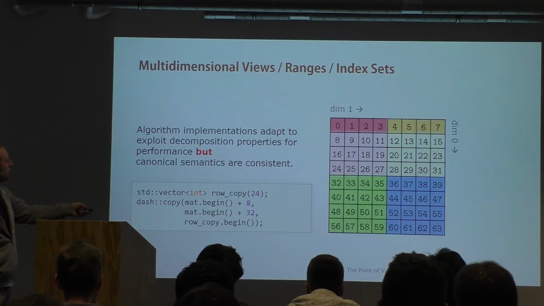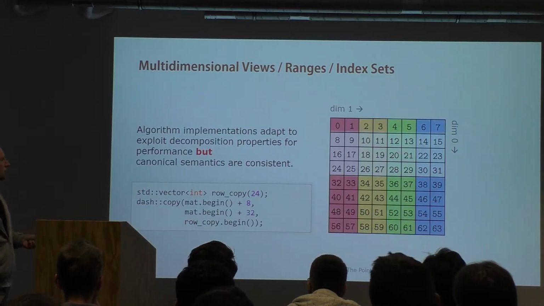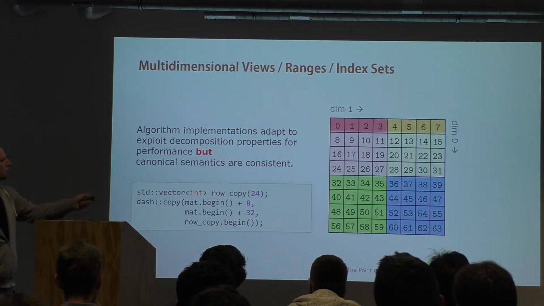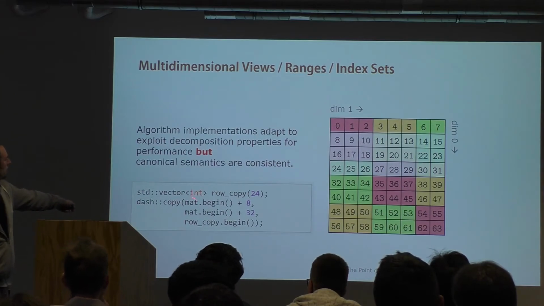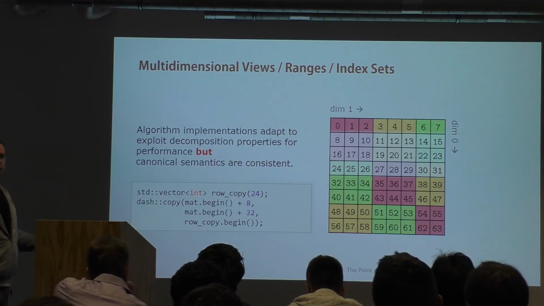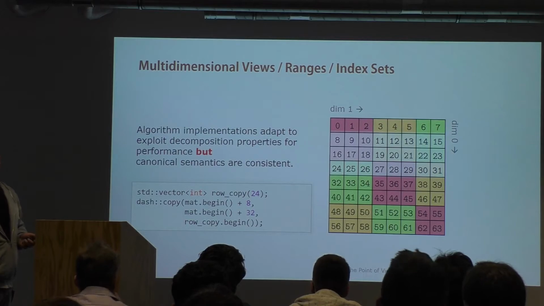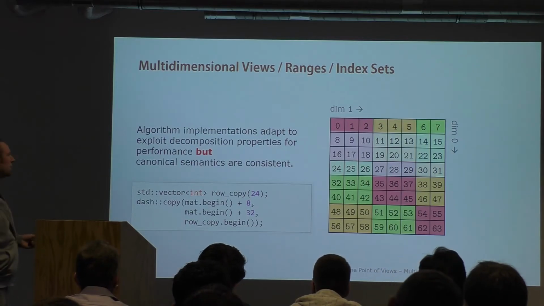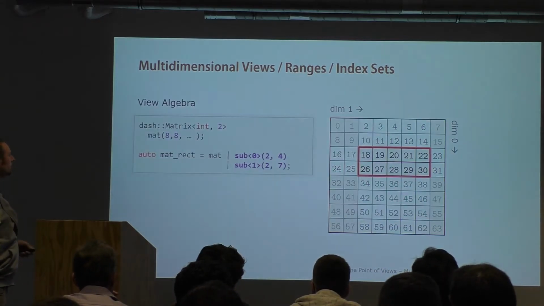So a dash copy for this distribution would have a totally different implementation than a dash copy on this or on this. And you don't have to care because most of it is decided at compile time, because we have pattern properties. So dash copy has a reference to the iterator that again can publish the pattern properties of the matrix, so you can deduce it at compile time.